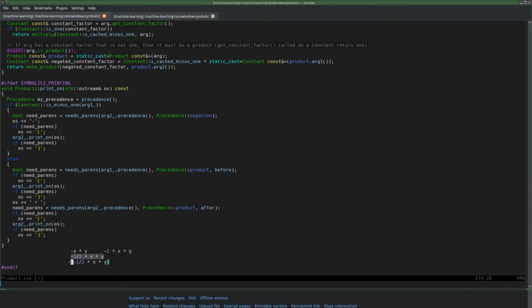However, this will never occur, because this would be internally minus 1 times minus a half times x times y, and that's not allowed. It would short circuit this and make it plus a half. So I should never worry about these two parentheses here. It's just never going to happen. It's nonsense.